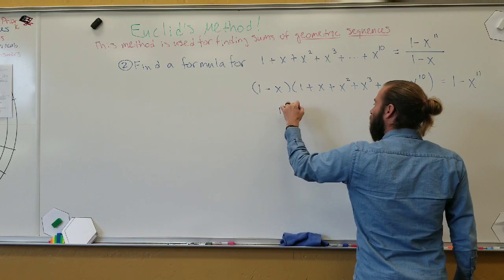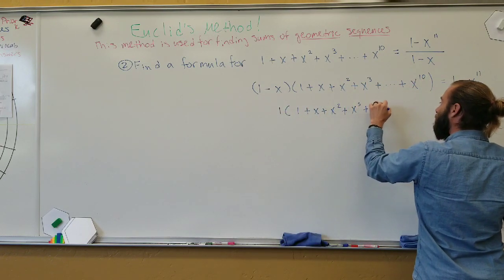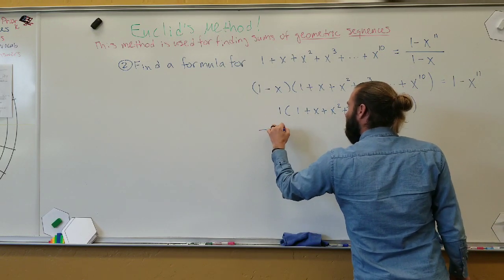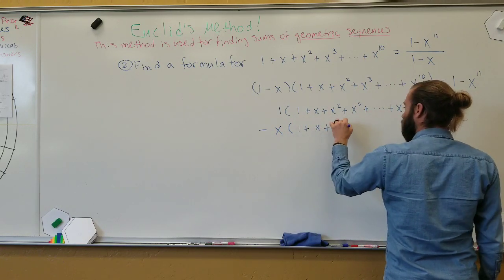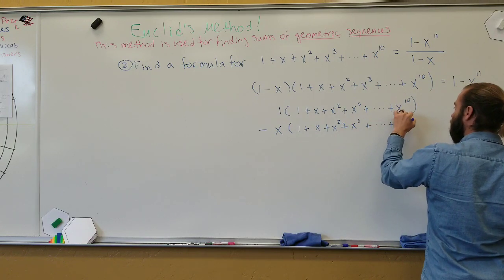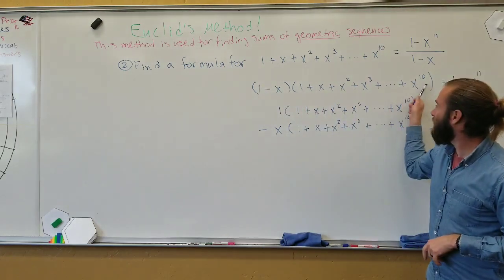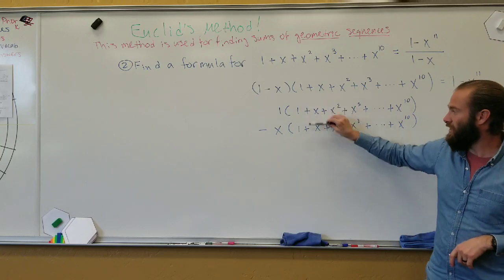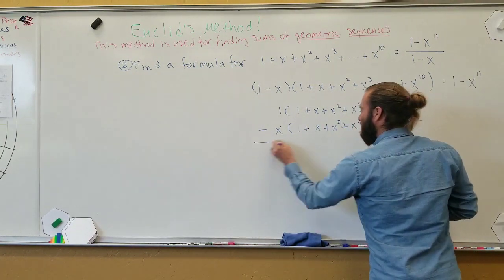Do you agree? 1 times 1 plus x squared, minus x times... right? Do you agree? If I distribute this 1 in there to everything, and then this x into everything, then I just stacked them up just because. But this looks like Euclid's method, because watch.